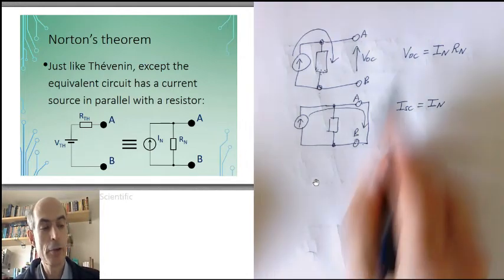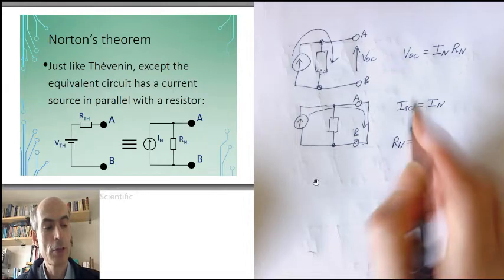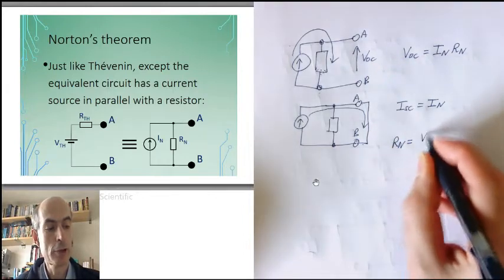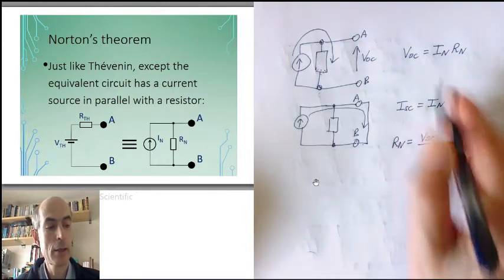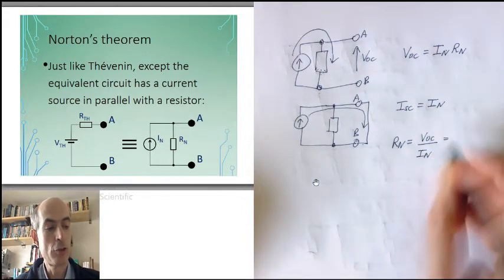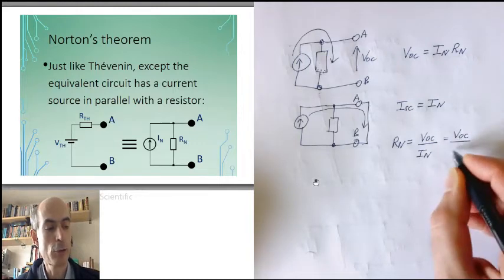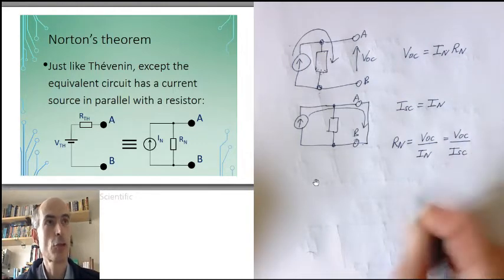You'll notice that in this case, the Norton equivalent resistance is equal to the open circuit voltage divided by the Norton equivalent current, which is itself equal to the short circuit current. So that's the open circuit voltage divided by the short circuit current.